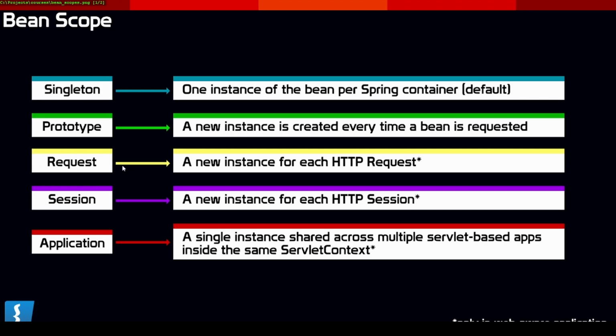There is the request scope, and this means that there is a new instance created for each HTTP request. However, if multiple objects are required in the same request, you will always get the same instance back. Similarly, there is the session scope, where a new instance is created for each HTTP session.